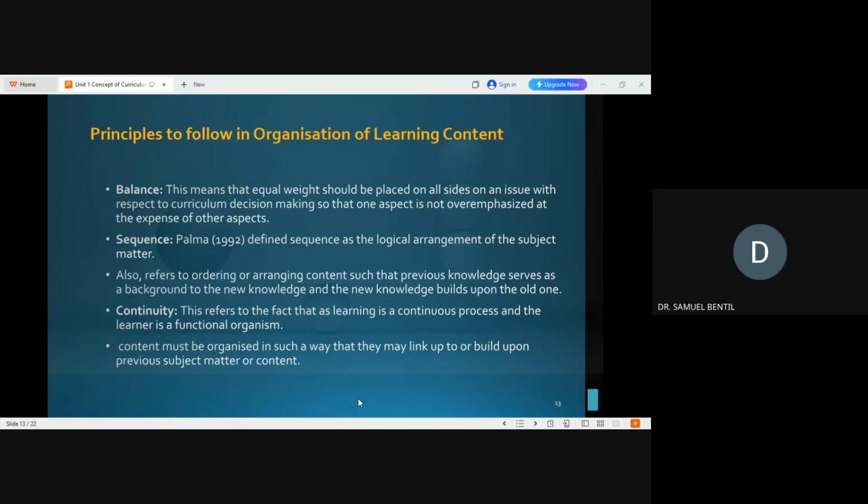So for example, methods of teaching is a prerequisite for micro teaching and off-campus teaching practice. That means that if you have not done methods of teaching, you cannot do off-campus, because methods of teaching is a prerequisite for micro teaching and teaching practice.